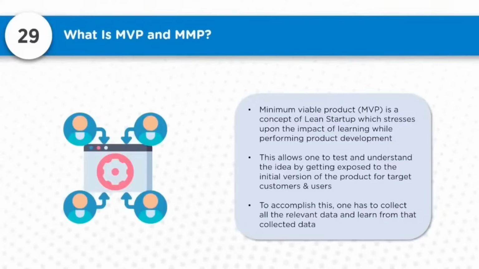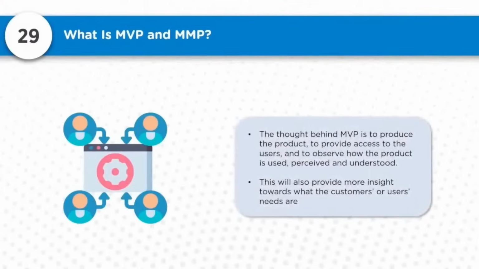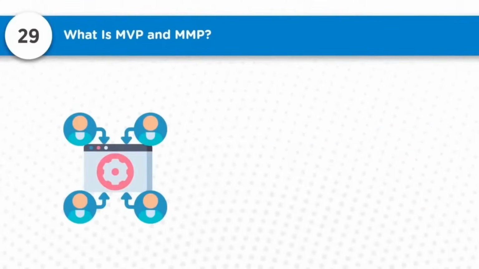To accomplish this, one has to collect all the relevant data and learn from it. The thought behind MVP is to produce the product, provide access to the users, and observe how the product is used, perceived and understood. This will also provide more insight into what the customers' or users' needs are.